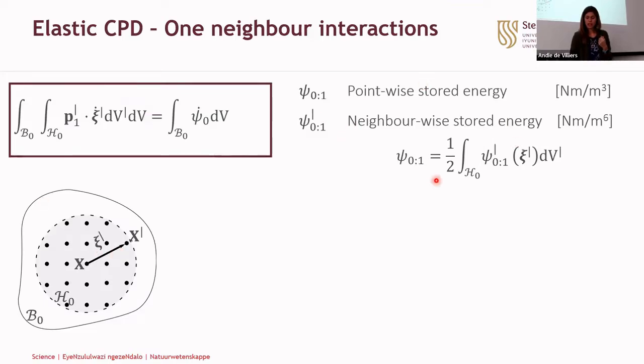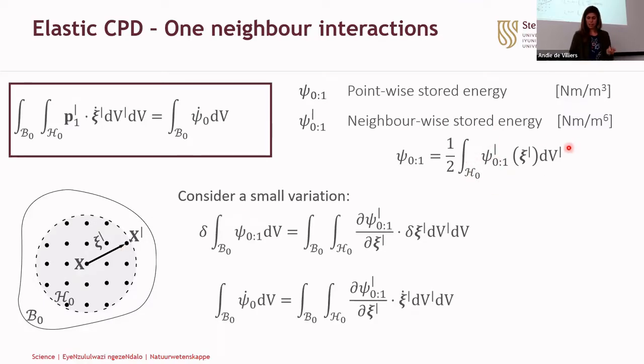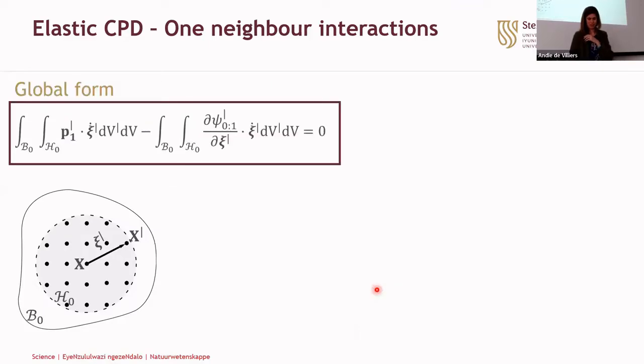Okay, and these two are related via the integral over the horizon. Okay, the stored energy is a function of Xi. And with keeping that in mind, we can rewrite this rate of internal energy using the chain rule as the partial differential of the stored energy with respect to Xi dotted with the rate of Xi. Okay, that's what I've done here.